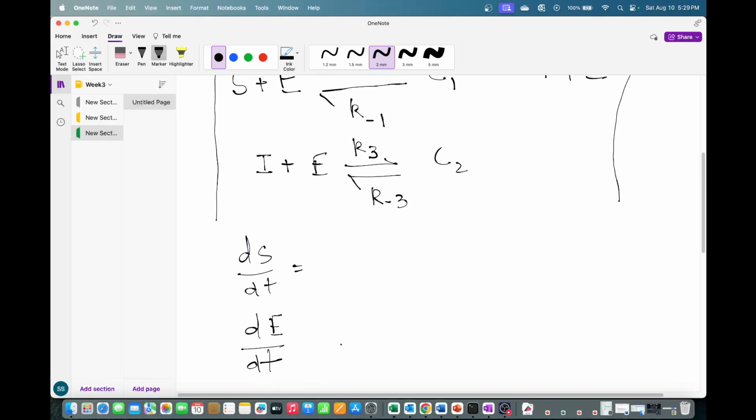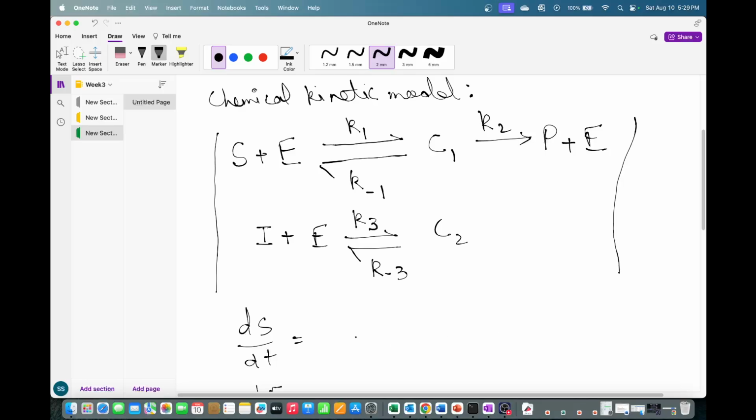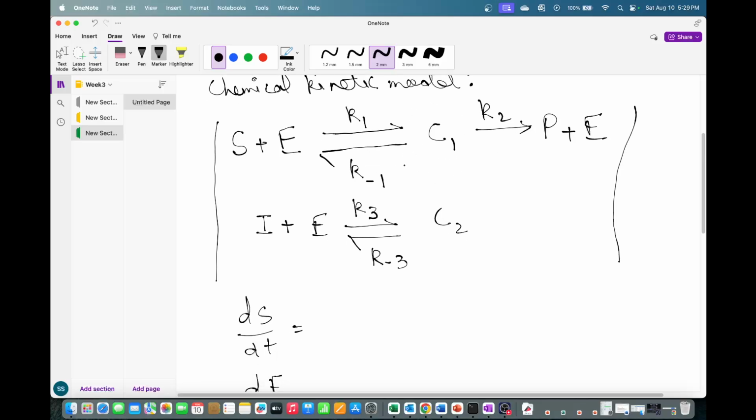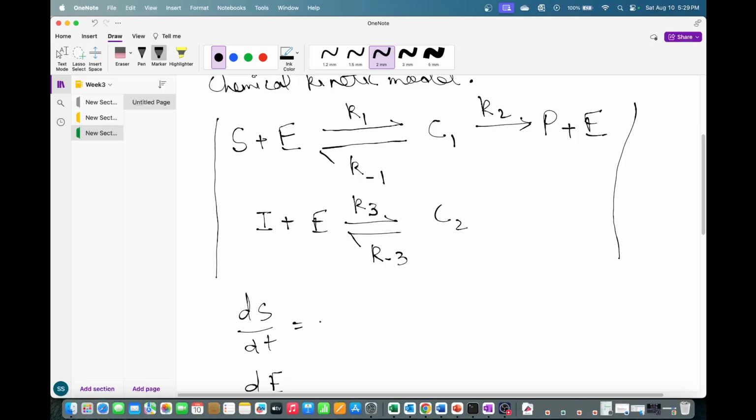Now from the reactions, it's quite simple to write. So dS/dt, what does S depend on? S depends on C1, and on S and E, from where it is forming.